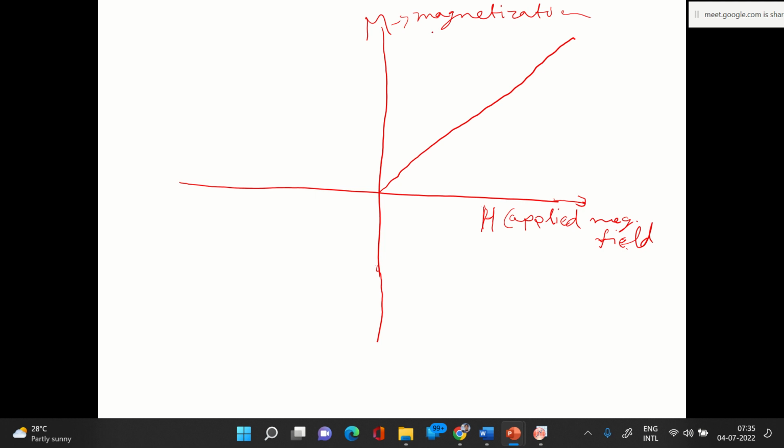So remember, this is the summation of magnetic moments by volume in a given volume.